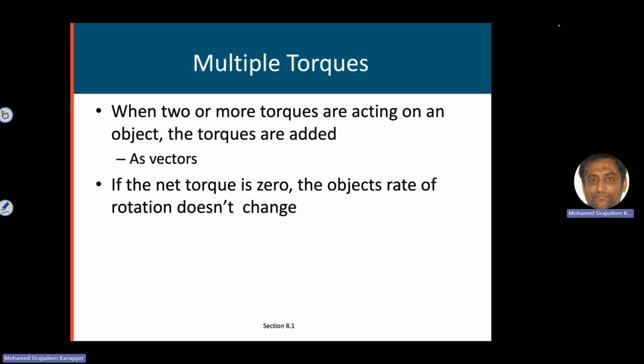They are vectors, they have direction, but here it's only two directions, positive direction and negative direction. So you do algebraic addition, take care of the sign, that's it. You don't have to worry too much about it. Sometimes the net torque can be 0 because one torque is say positive 10, the other torque may be negative 10. When you add, the total net torque will be 0.